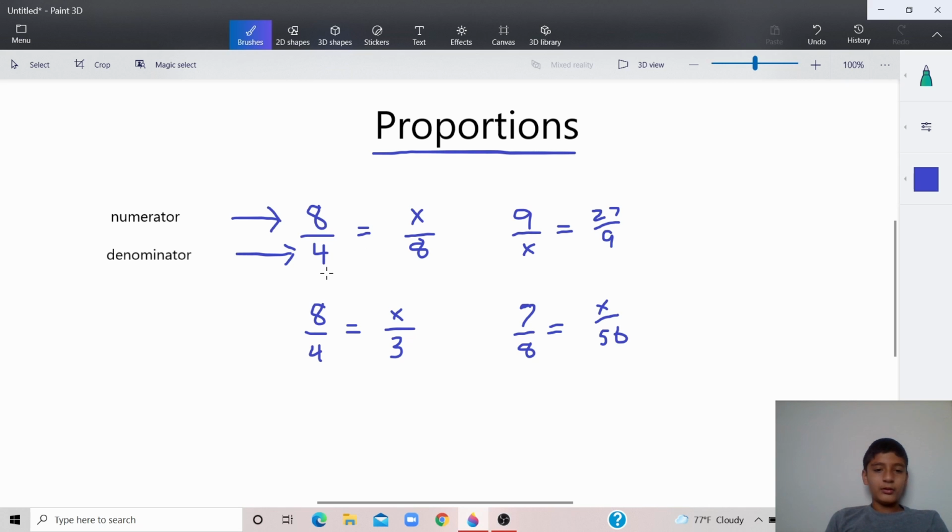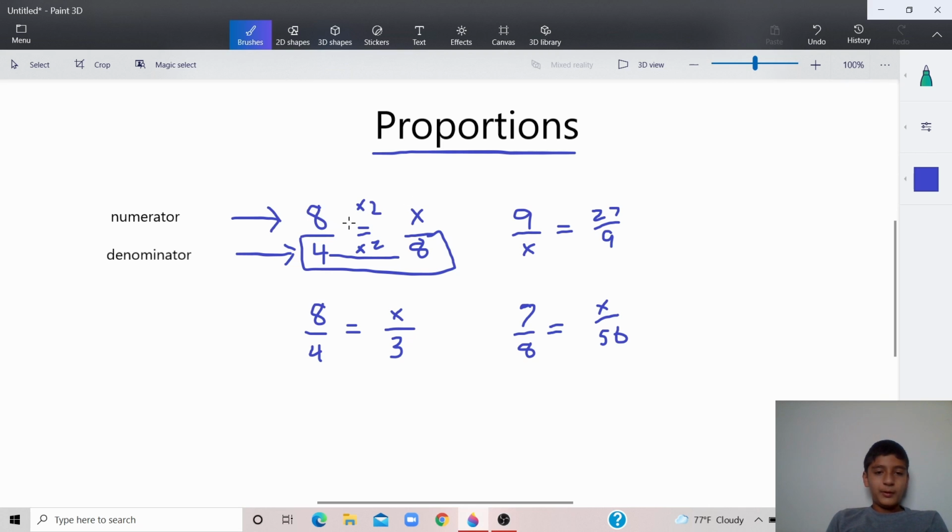The way we can solve this is we have to find the side where there is no variable, just numbers, either the numerator or the denominator. That's right here. We see that we multiply 4 by 2 to get to 8. And if we multiply by 2 over here as well, it should still be the same equivalent fraction.